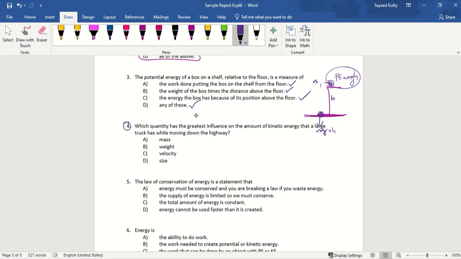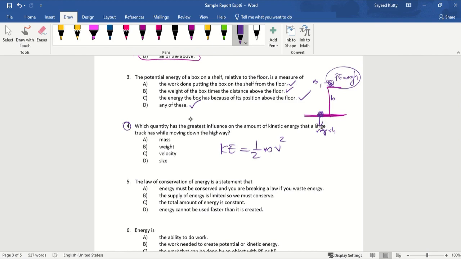Which quantity has the greatest influence on the amount of kinetic energy that a large truck has while moving down the highway? Here we know that the kinetic energy is given by half mv square. Which one will have a large influence, they are asking.